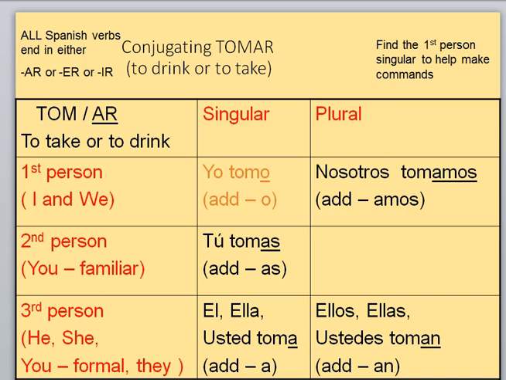You remove the AR to get the stem, TOM, and to that you add the appropriate ending. So for I drink, it's yo tomo. We drink is nosotros tomamos. You drink is tú tomas. He drinks, él toma, and for they drink, ellos toman.